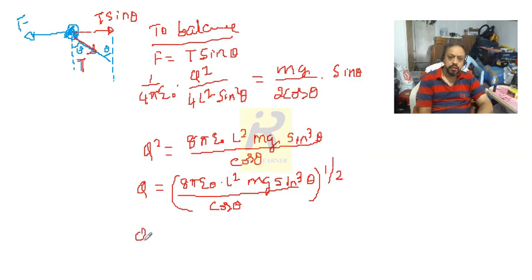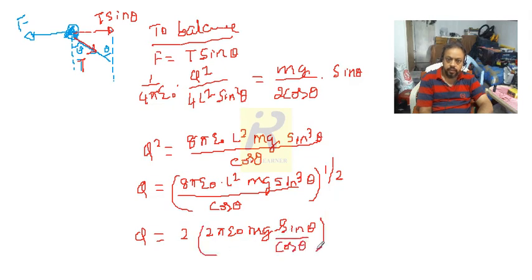Otherwise, you can rewrite this as 2 times the square root of 2 pi epsilon O mg sin theta divided by cos theta, into L sin theta. This is also true.